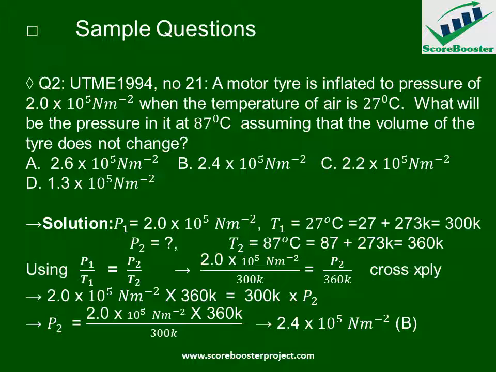Then we can cross multiply to get 2.0 times 10 raised to the power 5 Newton per meter square times 360 Kelvin will be equal to 300 Kelvin times P2.